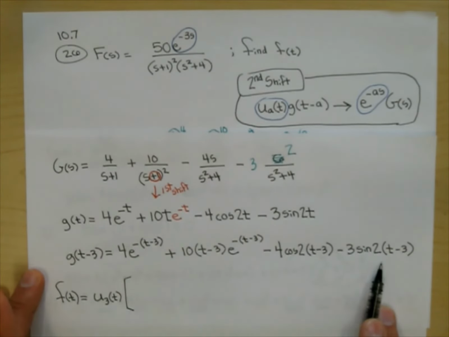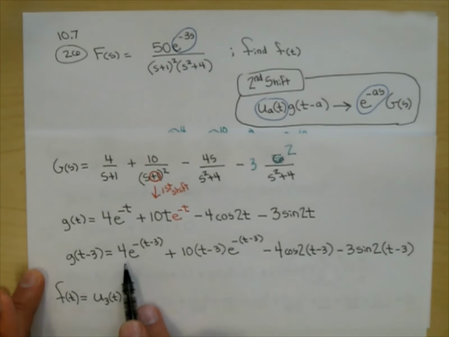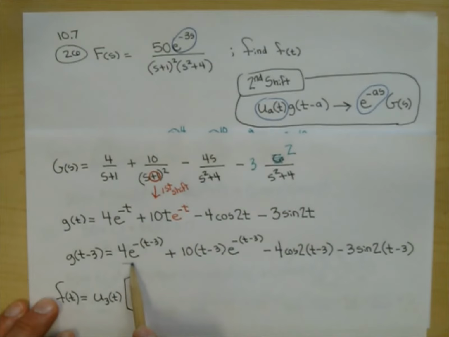So what I'm going to do, this is just a matter of style, is factor out an e raised to the negative quantity t minus 3.